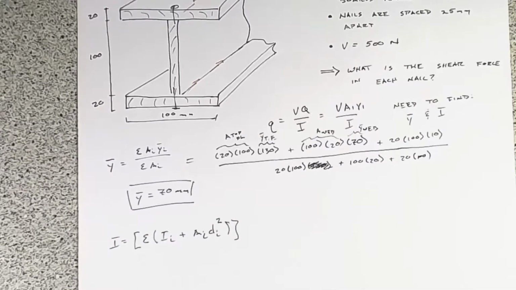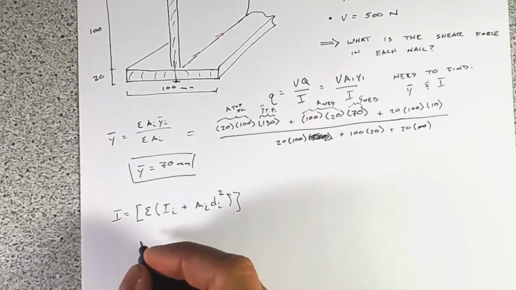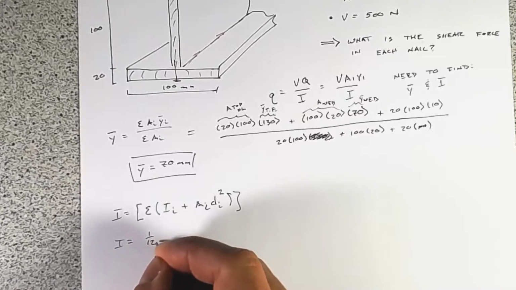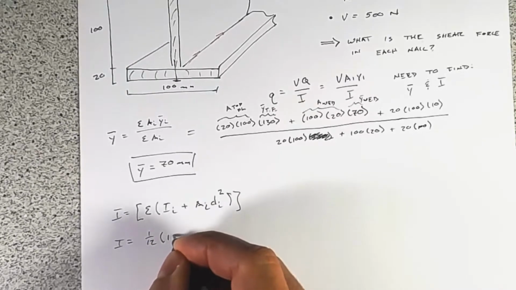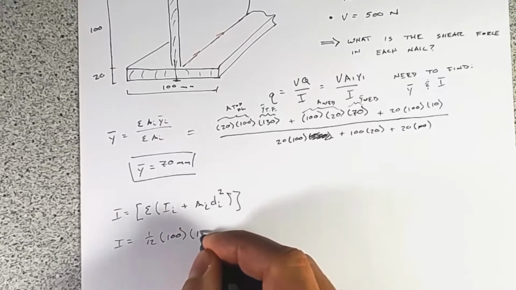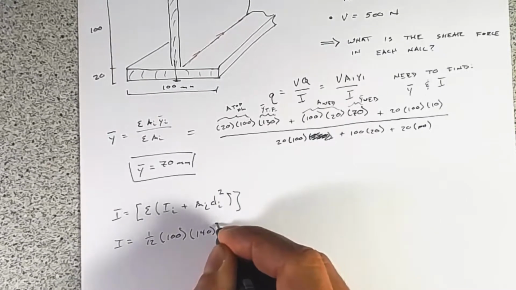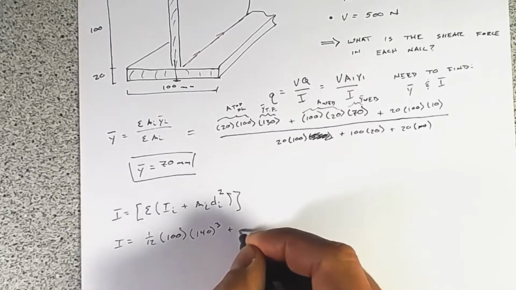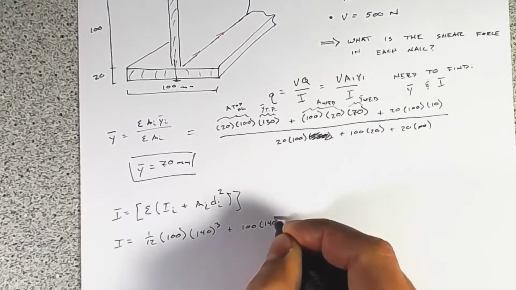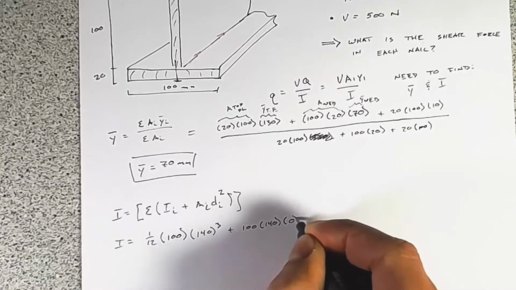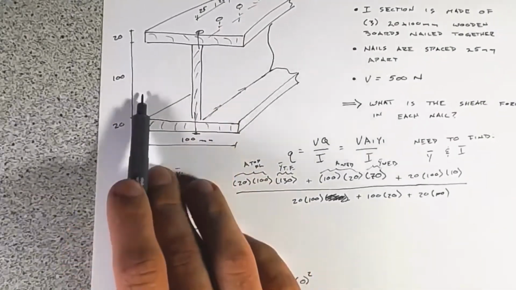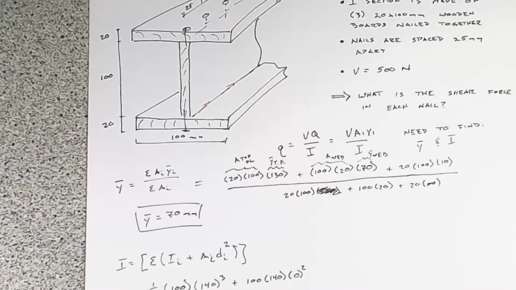It's a lot simpler calculation. So we'll just work that out. I equals 1 over 12 times the beam is 100 millimeters wide and 140 millimeters tall, and so we'll cube that, plus the area, which is 100 times 140, and as I said, the distance to the neutral axis of this overall box is 0.